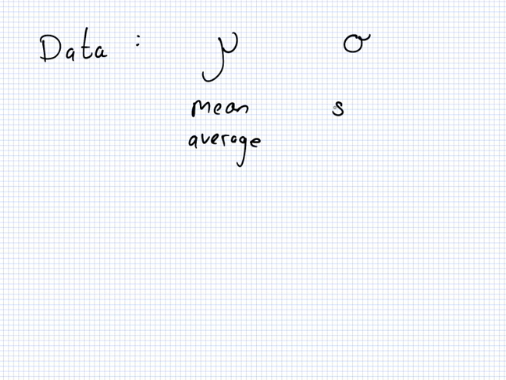If I have some data and I know the average, oh, by the way, if we want to use Greek letters, this is the Greek letter for the average. So this is the mean average. And this here is the standard deviation.